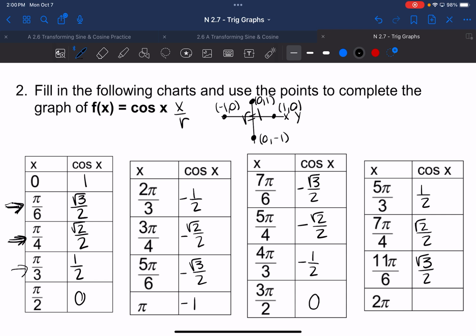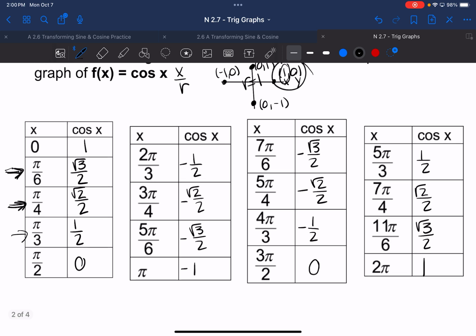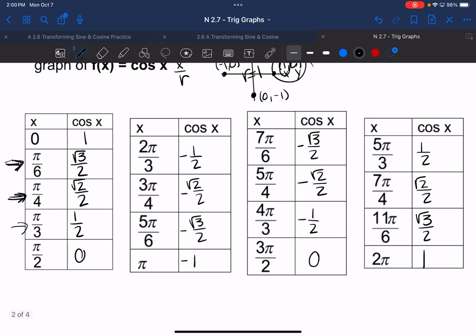And then 2 pi, I'm back to where I started. So my ratio is 1, right? Because it's going to be x over r, so 1. Okay. All right. And again, what did we say square root of 3 over 2 was pretty equivalent to as a decimal? 0.9. So anywhere I see one of those, I'm going to be using 0.9.